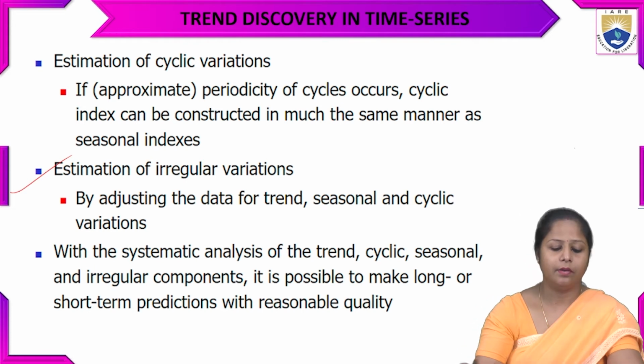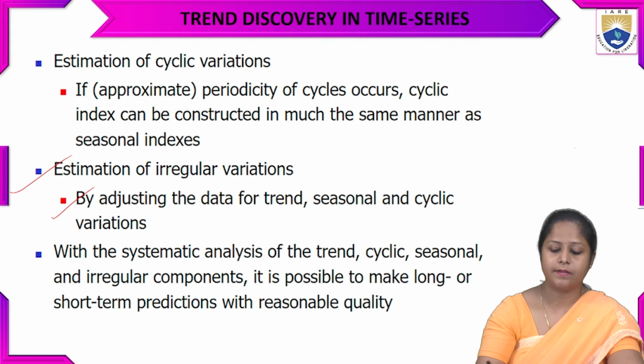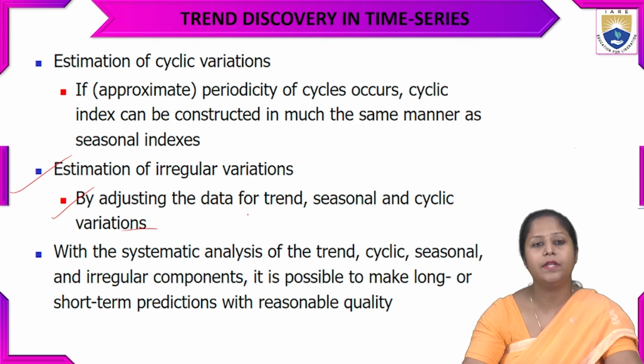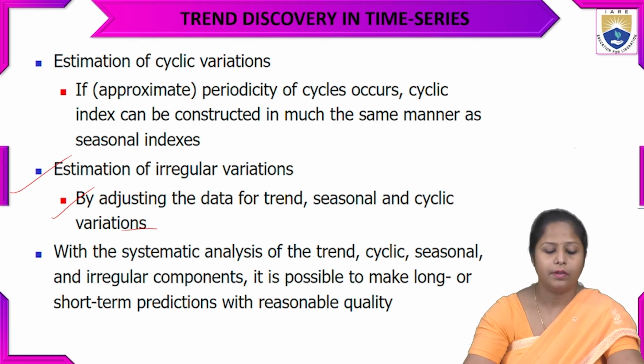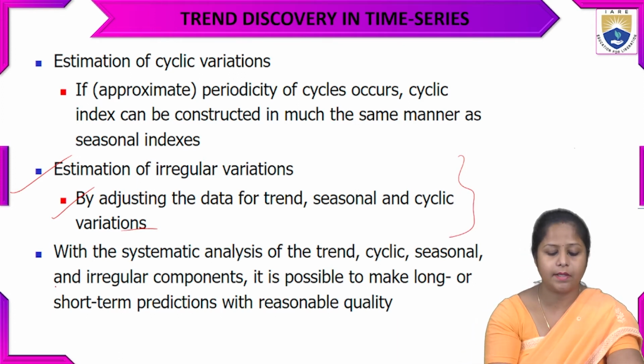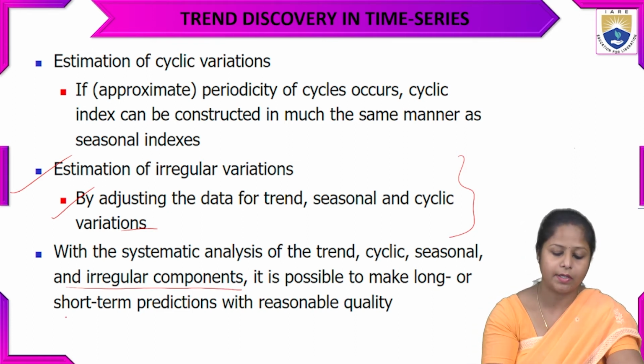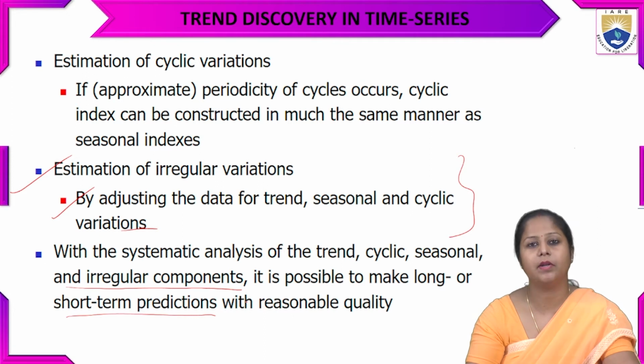For that we need to adjust the data for the trend, seasonal and cyclic variations. After that, with the systematic analysis of the trend, cyclic, seasonal and irregular components, it is possible to make a long or short-term prediction with reasonable quality.